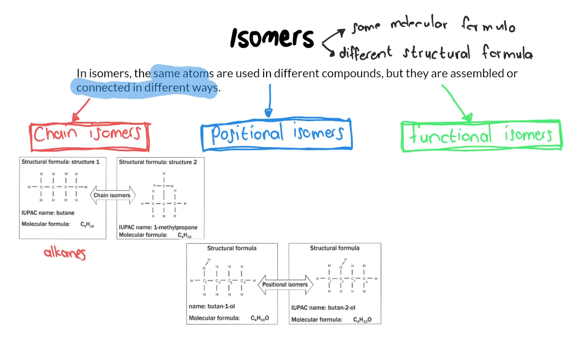So just remember, when they ask you, say for example they give you butane 1-ol and they ask you to draw the structural formula of its positional isomer, it's very important where you place that OH group, because you have to place it either here or there, because if you place it on carbon number 4, it's actually the same molecule, it's just the mirror image.